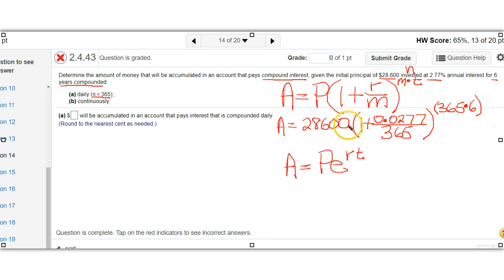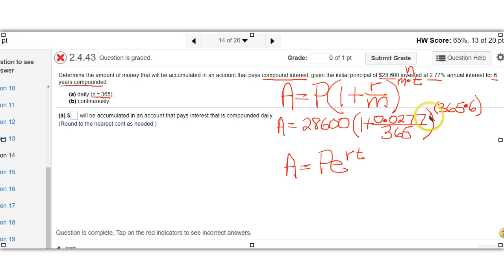So how do you do this? Well, the first thing you do is you type this into your calculator, 0.0277 divided by 365. Get an answer. Enter. Get an answer. Add 1 to it. That's an answer.